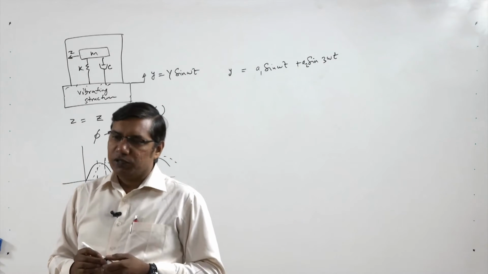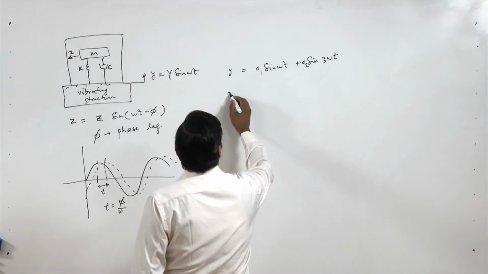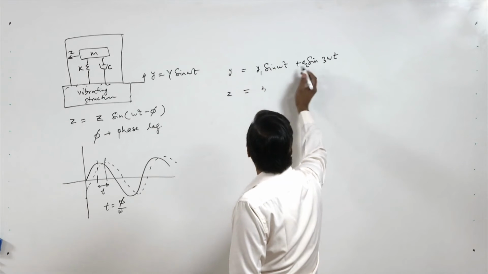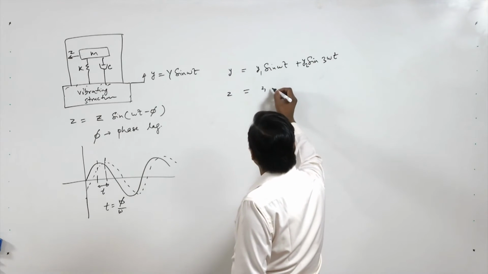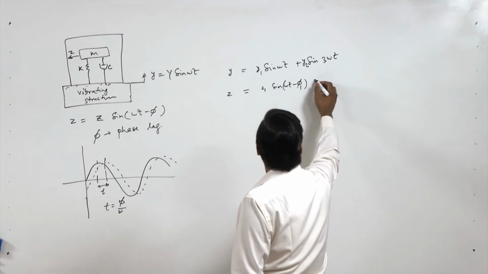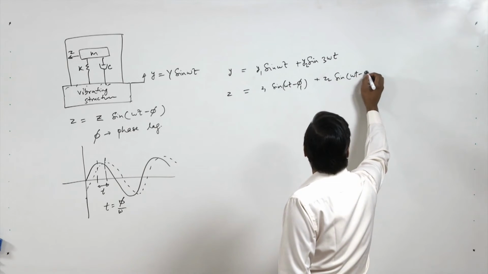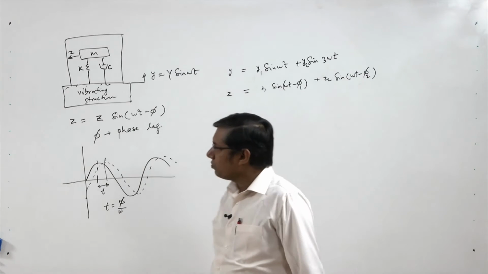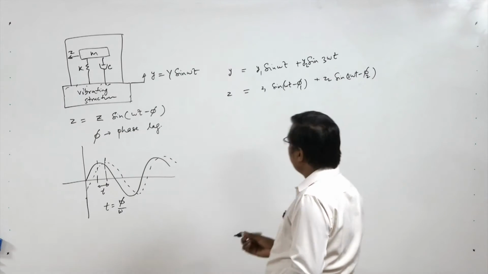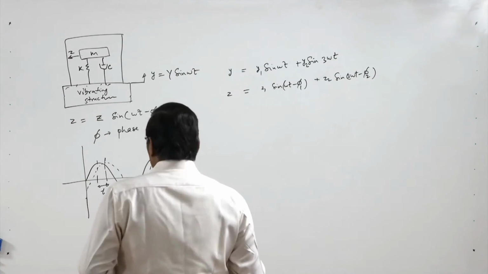Now if we get the output and plot it, there is some phase lag. So for the output z, here this is y1 and this is y2, and we have Z1 sine omega t minus phi 1, plus Z2 sine 3 omega t minus phi 2. So there will be some phase lag for both the signals.